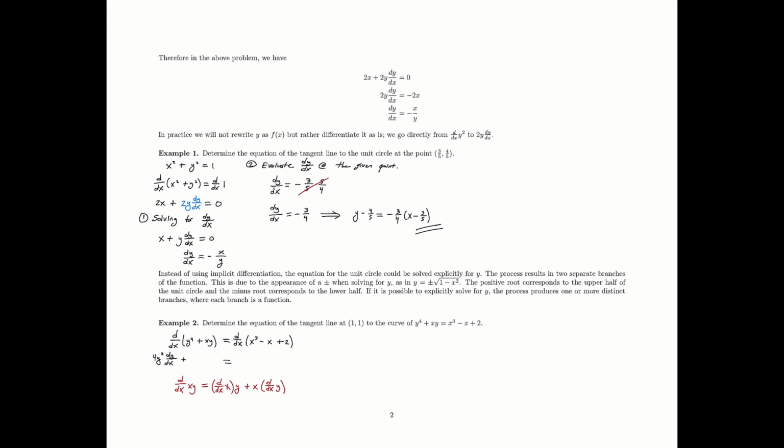Here, because this x is the only thing being differentiated in this term, we don't get a dy/dx, because the only derivative is on this x. So this becomes 1 times y plus x times the derivative of y with respect to x, which is 1 times dy/dx. But again, we don't need to write the 1.